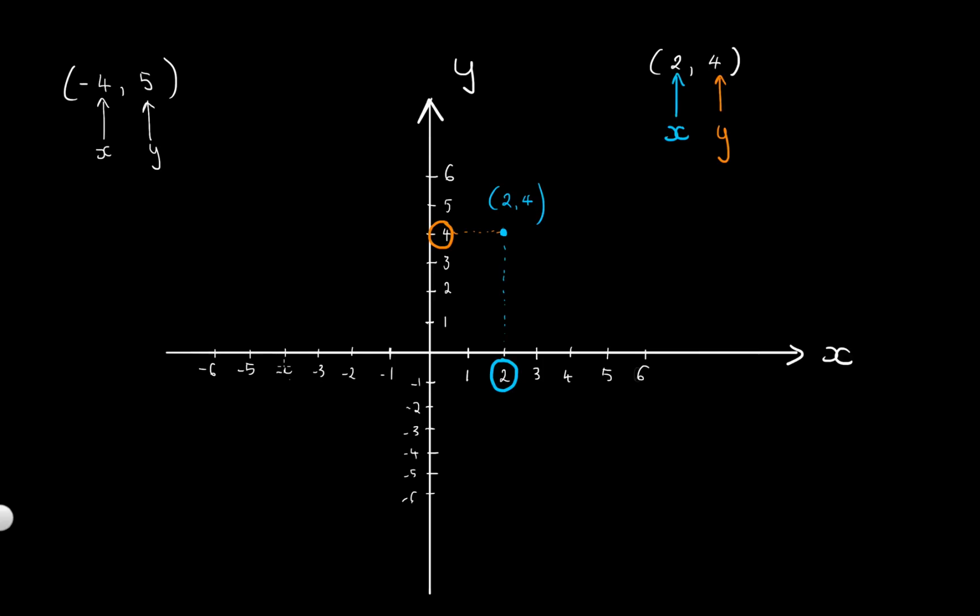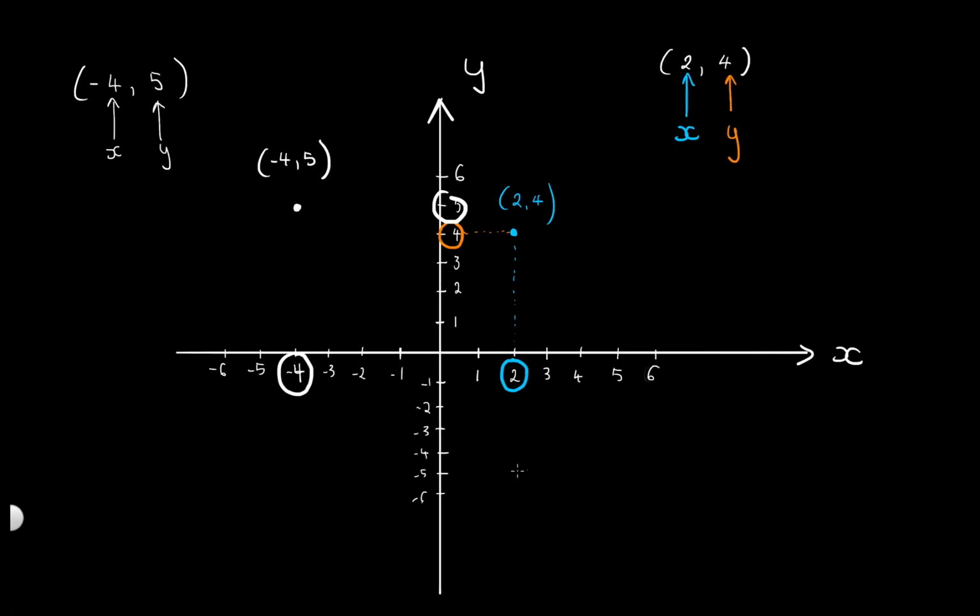That's negative 4 there, by the way. And our y value is 5, so it'll be up here. So the point (-4, 5) will be about there. And that's all there is to it. Just remember, the first number is the x value and the second number is the y value. Okay, let's go on to the next point.